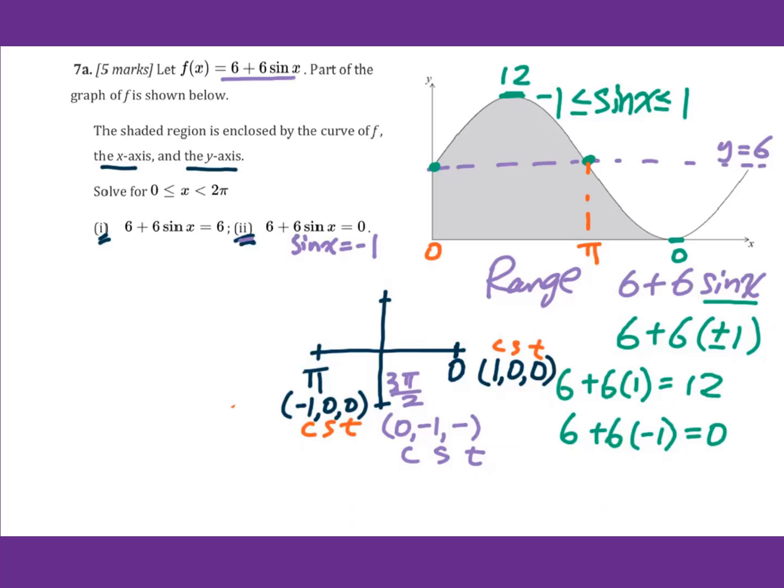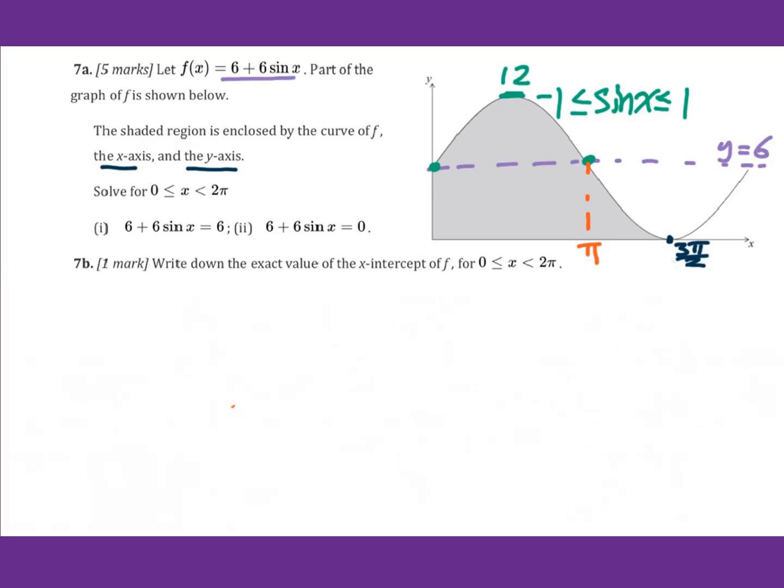So you get x equals 3 pi over 2. In other words, the x coordinate for this point will be 3 pi over 2. For 7b, write down the exact value of x-intercept of f. That will be 3 pi over 2.